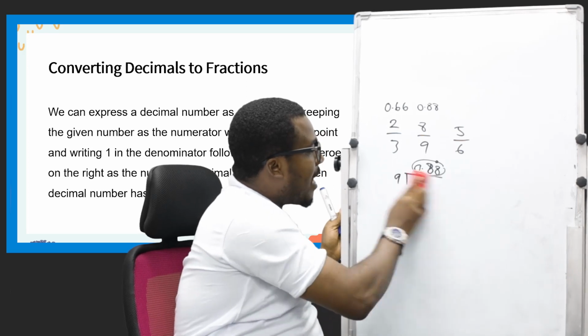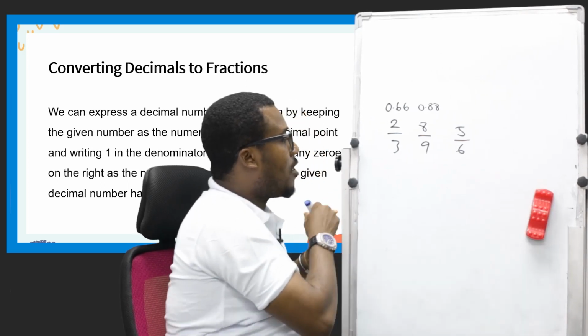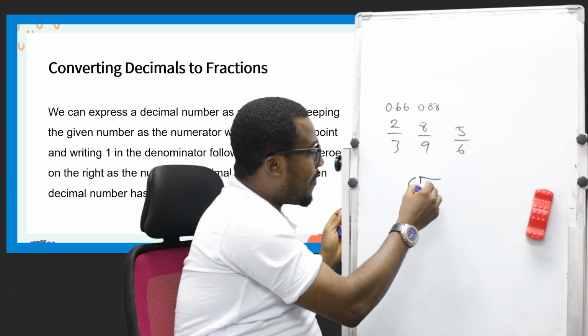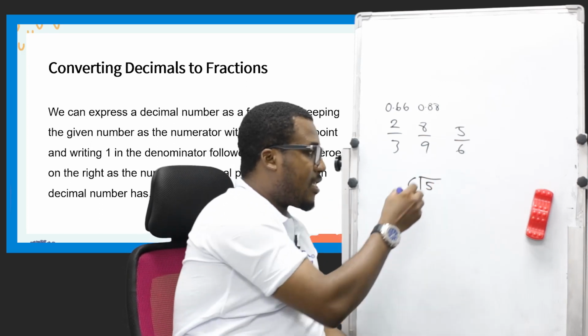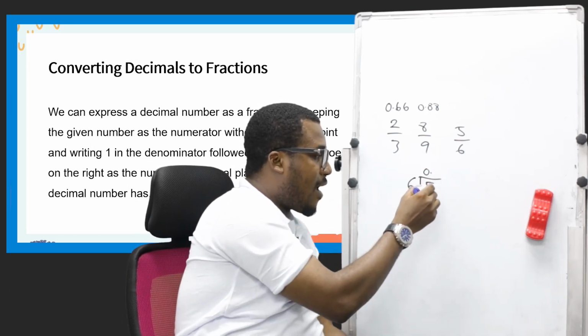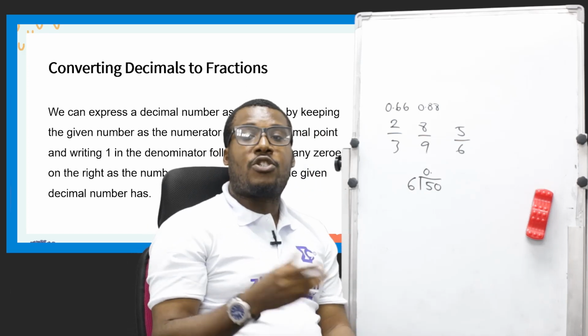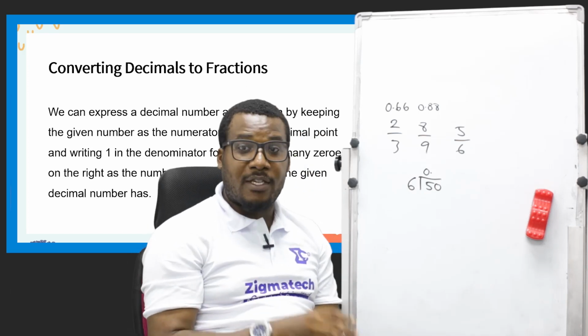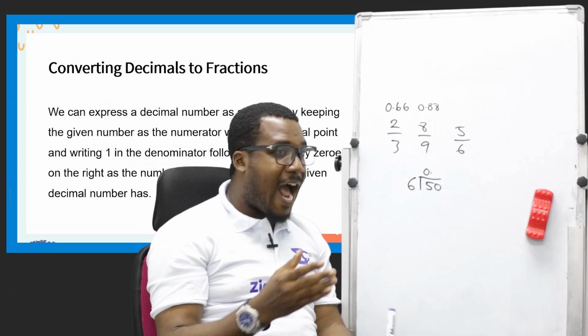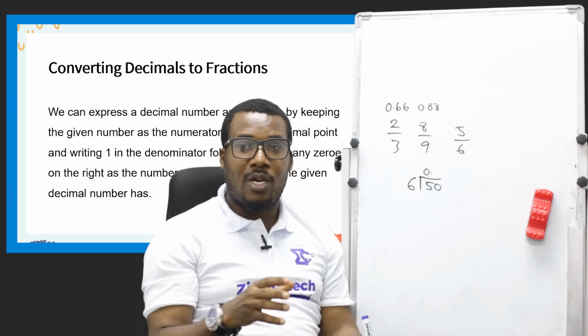Then looking at the last but not the least, we have 5 over 6, so 6 dividing 5. The same thing plays here: 6 into 5, 0 point. Now 6 dividing 50, how many times will it go?